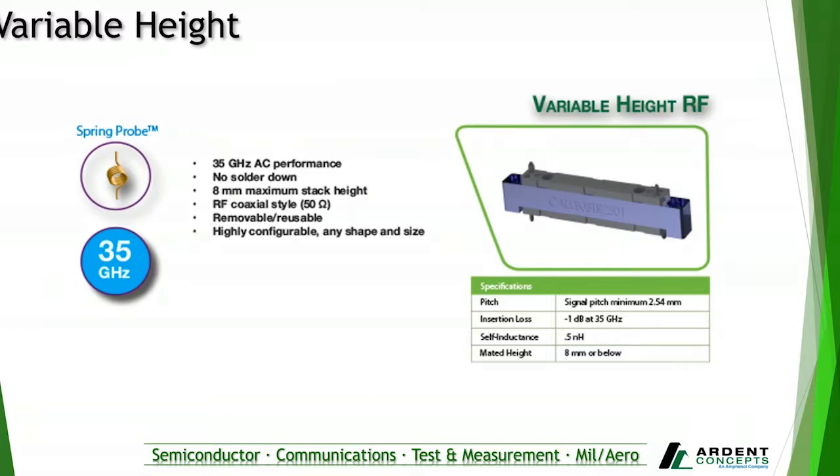Our variable height RF interposer here is another unique design, which is ideal for applications like phased array radar or 5G base stations. Our variable height RF interposers utilize two coaxial pattern interposers that we looked at just before on the previous slide, and then combine them with a 50 ohm feed-through block in the middle, which can be height adjusted to clear important components on the board in board-to-board applications or modular systems.